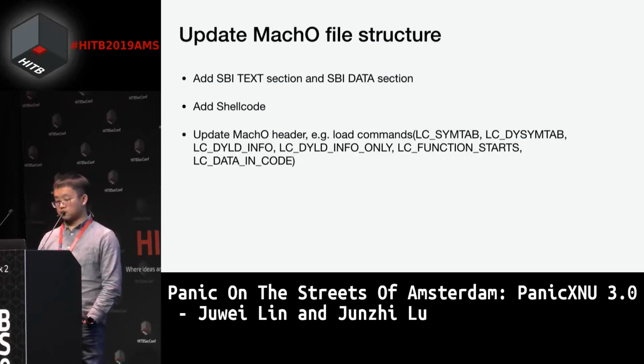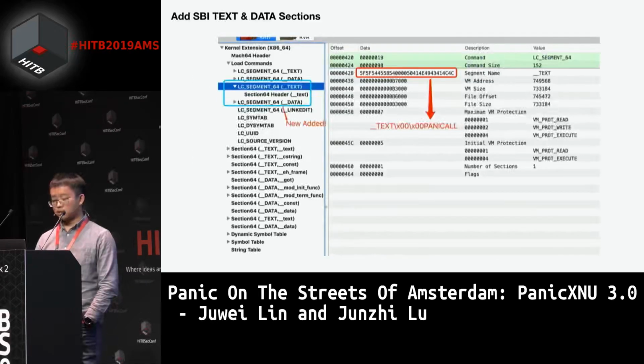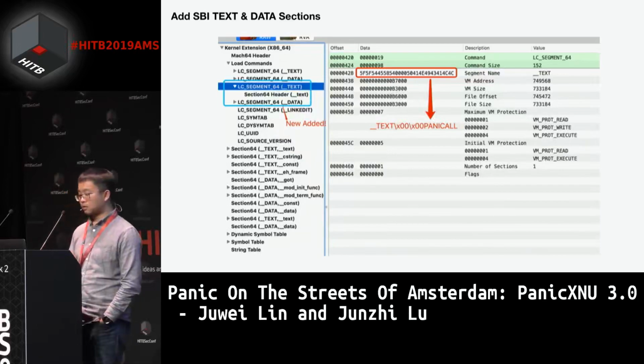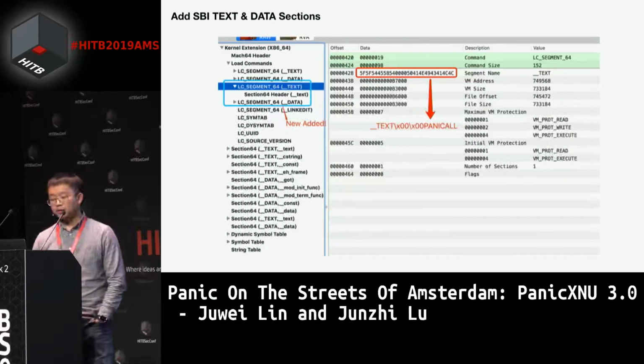For example, the load command symtab, load command dysymtab, and such kinds. Okay, this is an example of what we did for a macho, for a kext macho. I added two segments. The first one is a text segment, and the second one is a data segment. And the name of the text segment, you can see, is text 00 panic all.